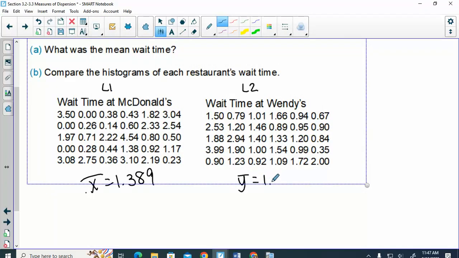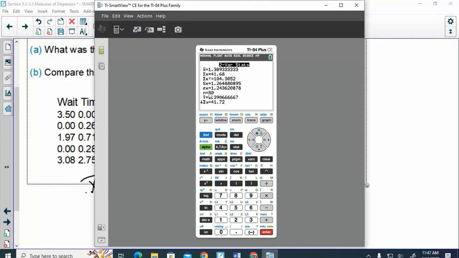So it doesn't give you a median? Mine's 1.389 and yours is 1.3. Oh, okay. Well, McDonald's was 1.389. The other one, for Wendy's. Yep, I'm right. So if you look down, it has the Y bar.